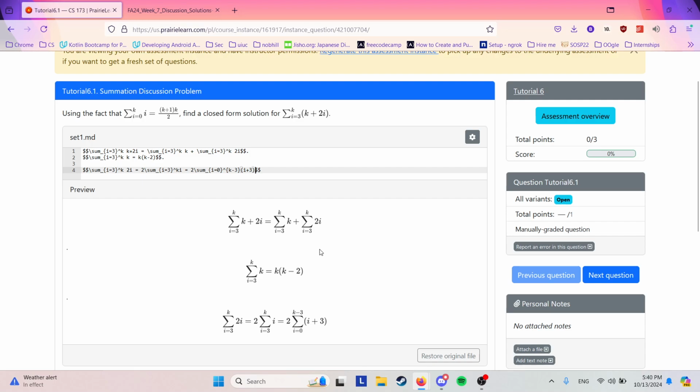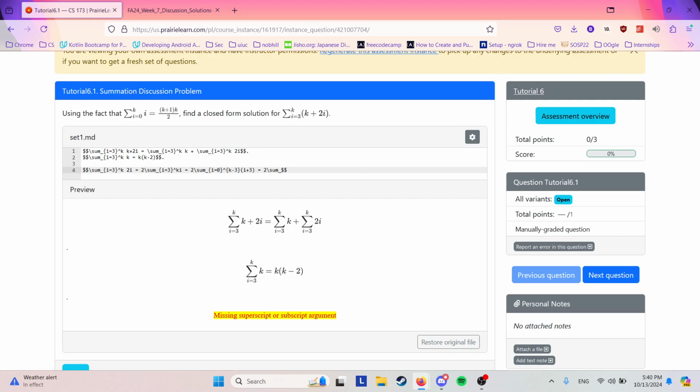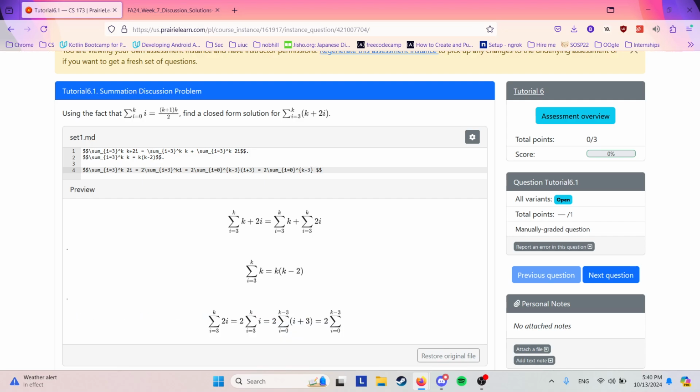We can split this up into two summations, in a very similar way as we did originally. So now we get 2 times the sum from i equals 0 to k minus 3 of i, plus 2 times the summation from i equals 0 to k minus 3 of 3.